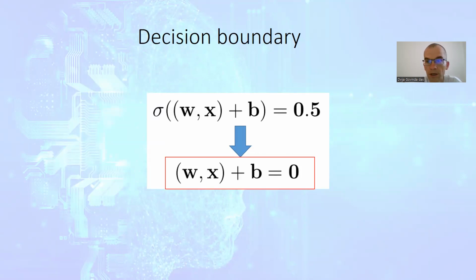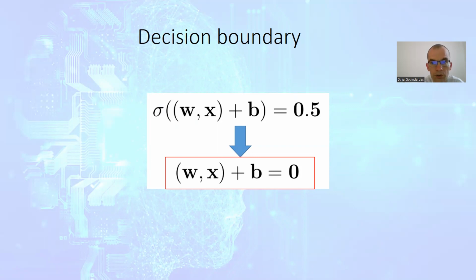Decision boundary means some curve or plane, it depends on how many dimensions we consider, where the sigmoid function takes the intermediate value of 0.5. 0.5 means that below it we classify our samples as label y equal to 0, negative decision, and if the value of the sigmoid function is above 0.5, we classify it as positive, y equal to 1.